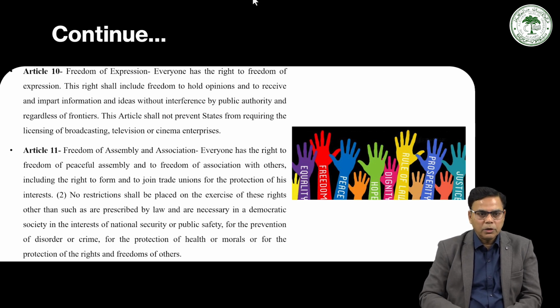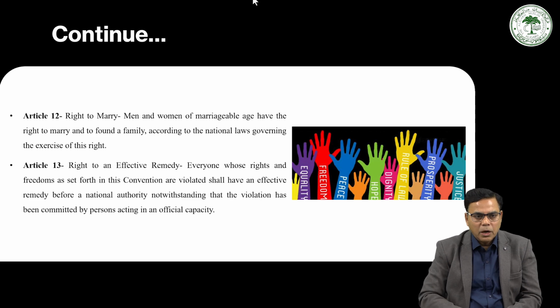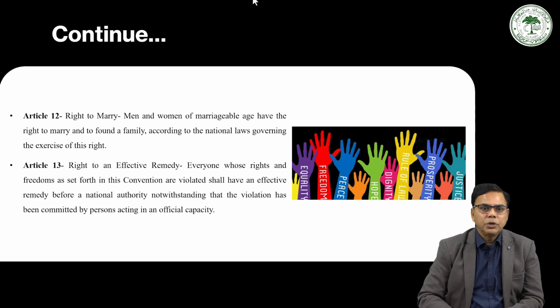So you can note what is being emphasized, that the reasonable restrictions have already been mentioned in the convention. What can be the reasonable restrictions, but at the same time democratic society is being emphasized everywhere. It means the rights that are sacrosanct in democracies are, of course, the right to freedom of expression, the right to hold an opinion, and also, if you have an opinion, you can express it freely.